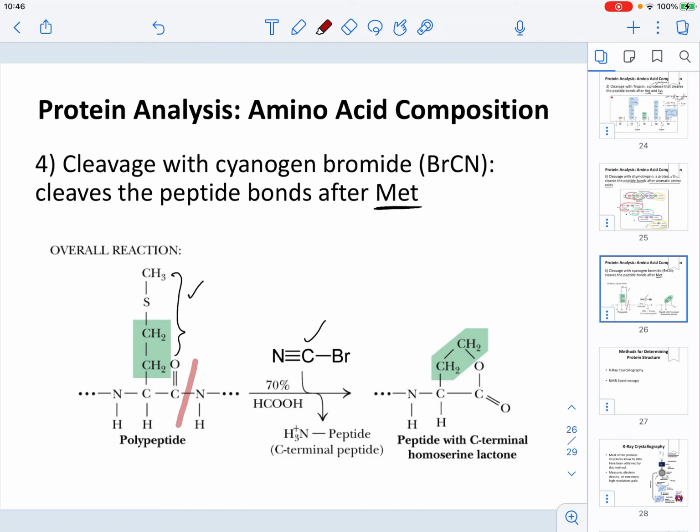And what we have overall is that we are going to form a homoserine lactone with the C terminal. So in this case, it is not hydrolysis. It's going to be the formation of a lactone, because we're not utilizing water to cut. Overall, we're going to have our side chain for the methionine react with the cyanogen bromide to create this homoserine lactone.